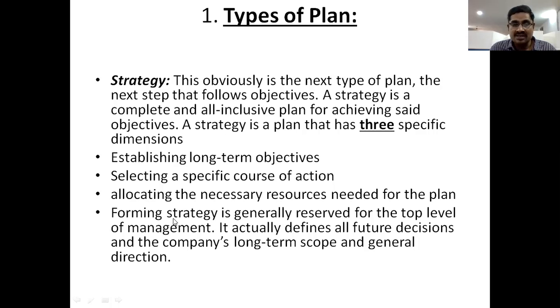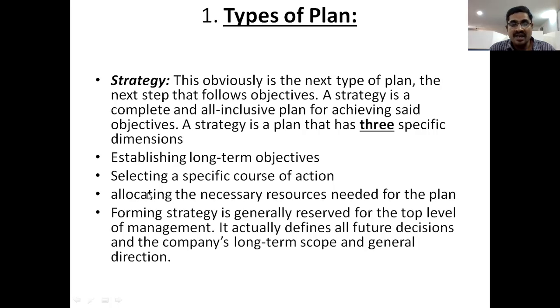For forming a strategy, we need to involve the top level of management, with all future decisions and the company's long-term scope and general directions, right? So top-level involvement, future decisions, and directions are needed for forming the strategy.